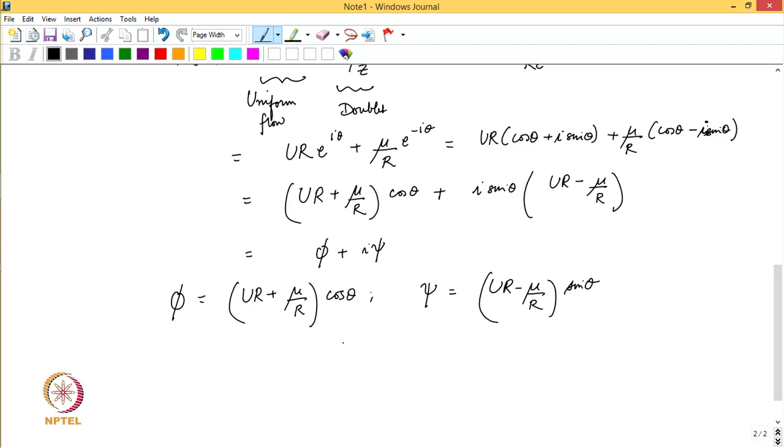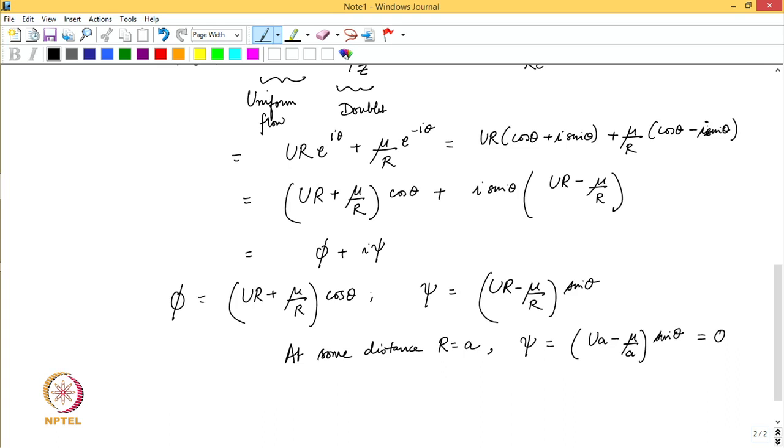What if at some radial distance r equal to a away from the origin, psi, which becomes (u a minus mu by a) sin θ, becomes 0 for all values of theta?